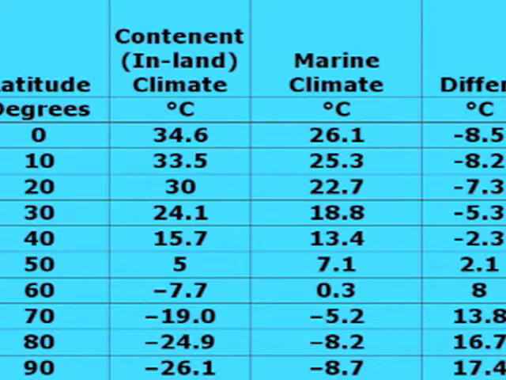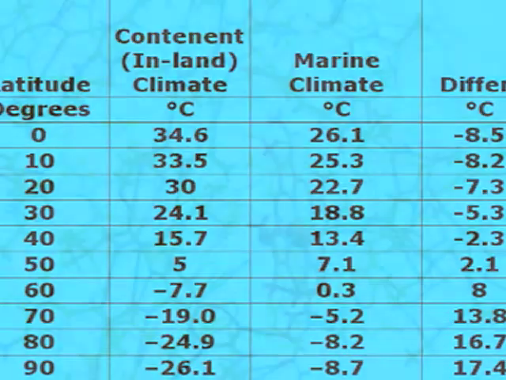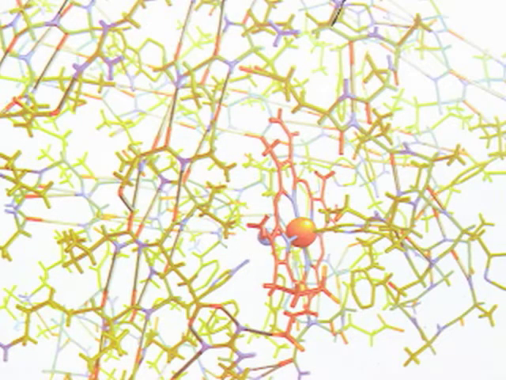At the poles, latitude 90 degrees, the average continental temperature is minus 26.1, but the marine climate is minus 8.7 degrees centigrade. As mentioned before, it is particularly important to protect the complex molecules of life within an organism from temperature change.